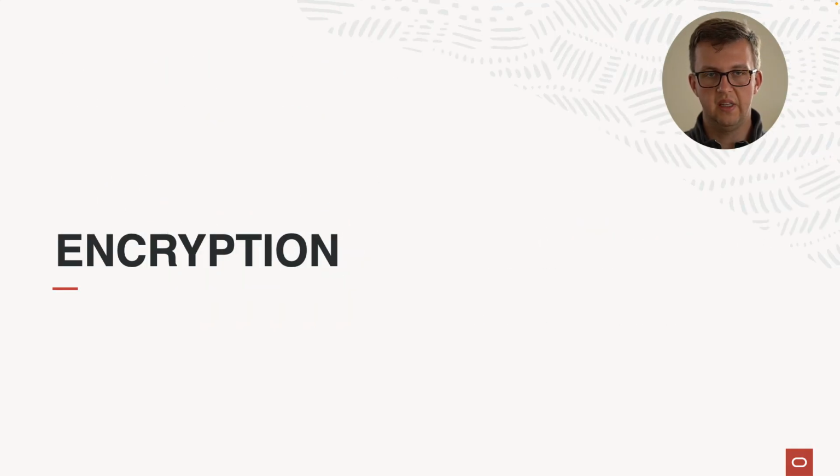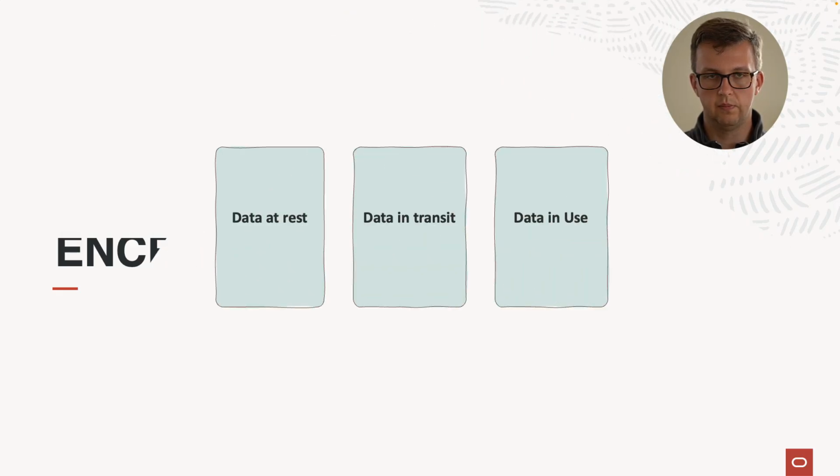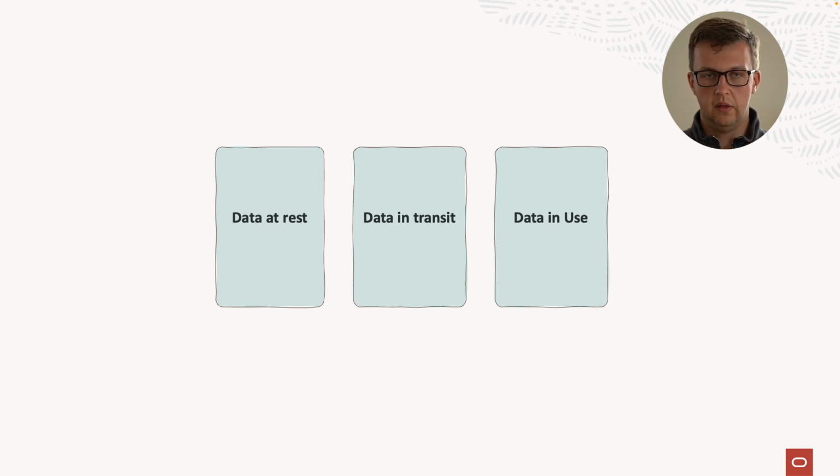In OCI, data is always encrypted by default. As a customer, you can further enhance your sovereignty level by adjusting how keys are managed to meet your requirements. Encryption is embedded across all OCI services with multiple options and a lot of flexibility to choose. When we talk about encryption, generally we think about three categories when data can be encrypted: data at rest, data in transit, data in use.